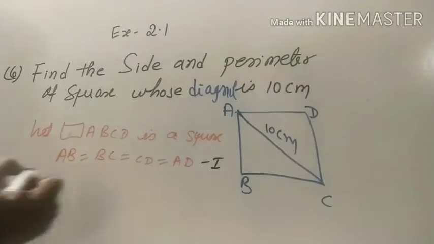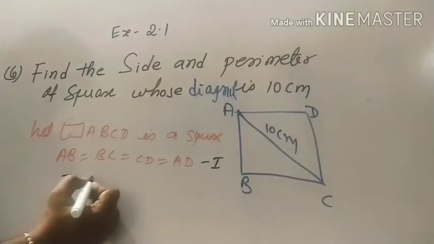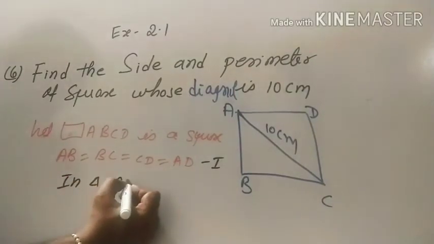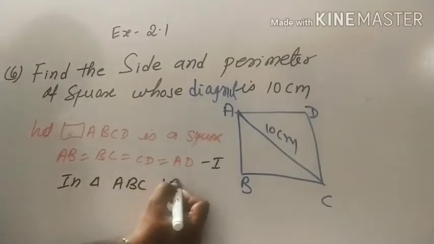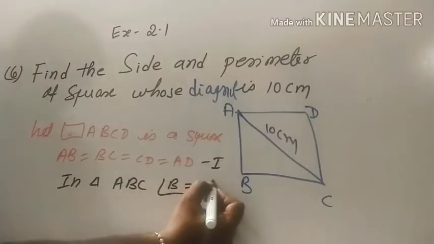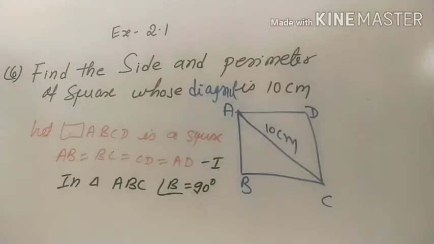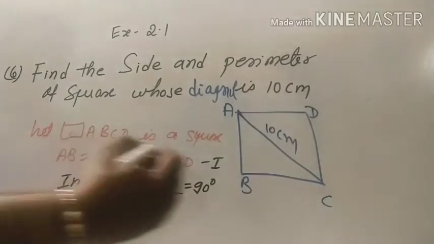Now in triangle ABC, angle B is equal to 90 degree. Why? All angles of a square are 90 degree.